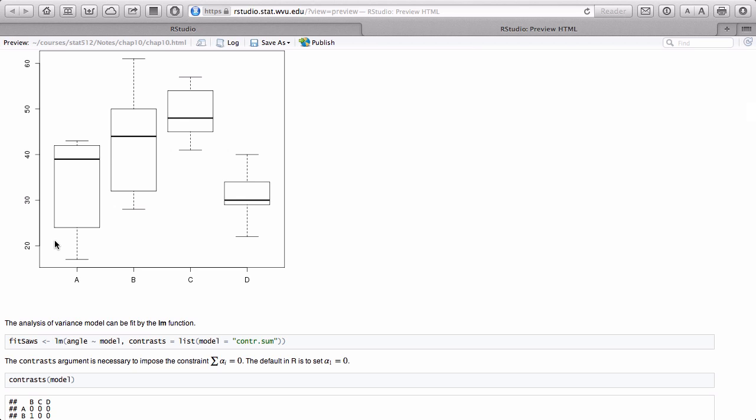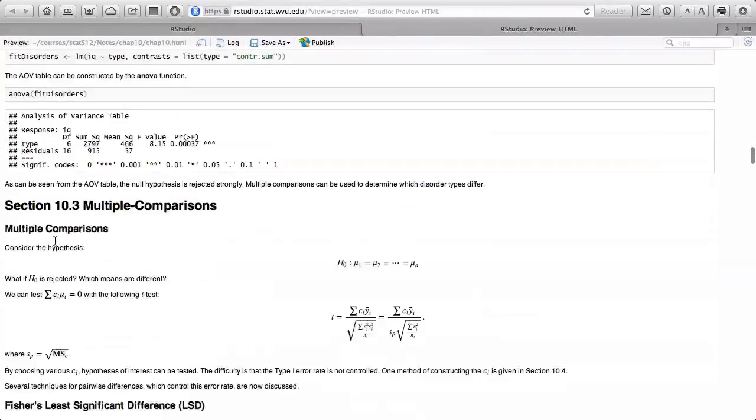In other words, do A and D collectively differ from B and C, and does A differ from D, and does B differ from C? You see, those medians appear to be different, although there's also a lot of variability, and we don't have a very big sample size. So let's see what happens.